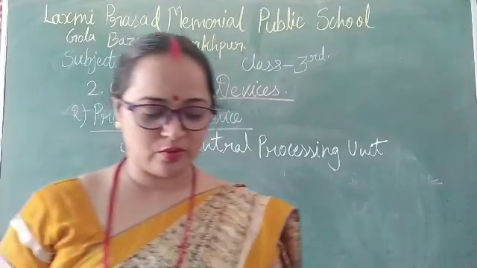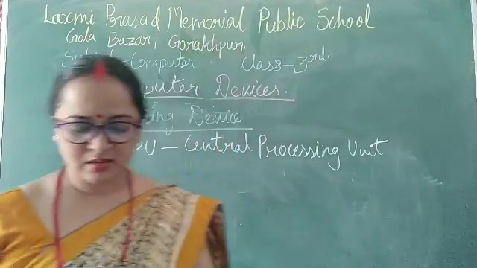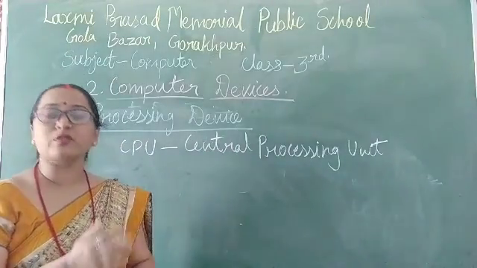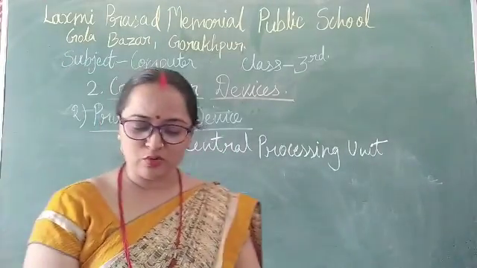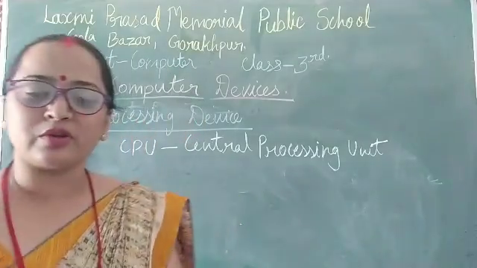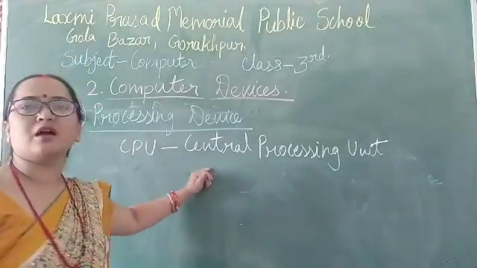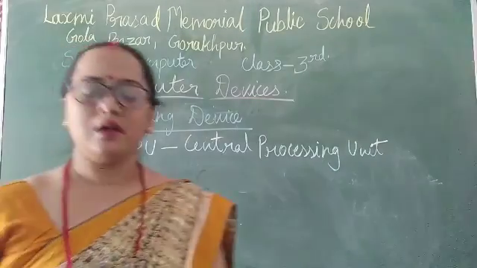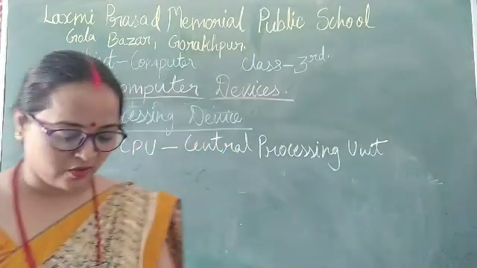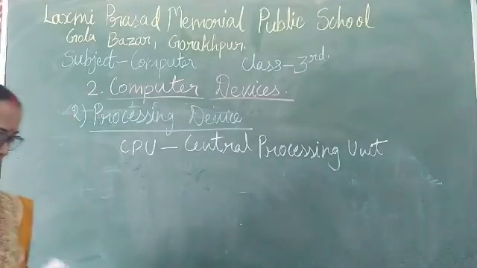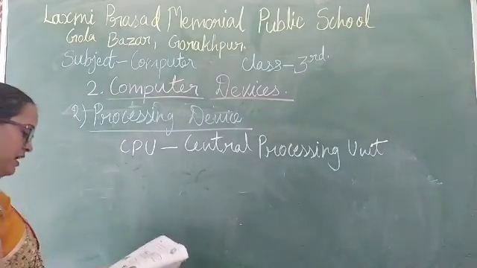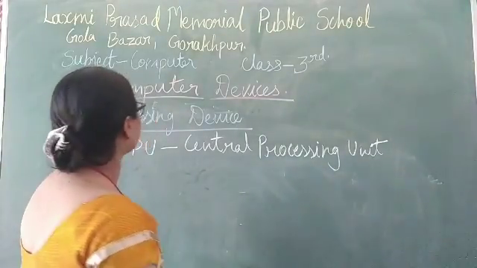CPU stands for Central Processing Unit. CPU is also known as the brain of a computer. Do you know who is the brain of a computer? CPU is the brain of a computer. It controls the input and output devices attached to a computer.